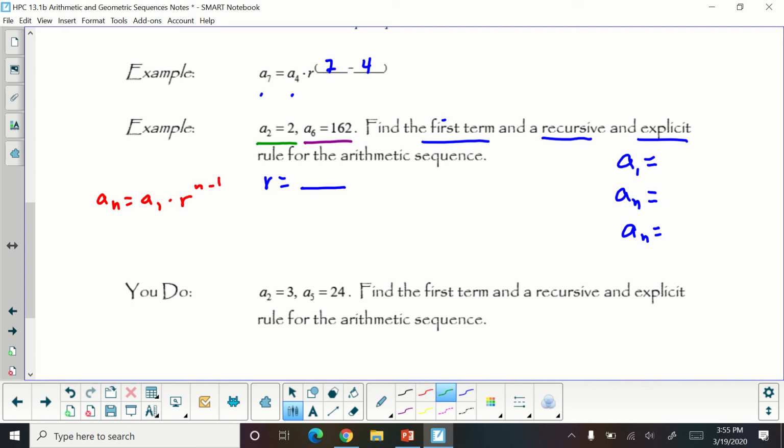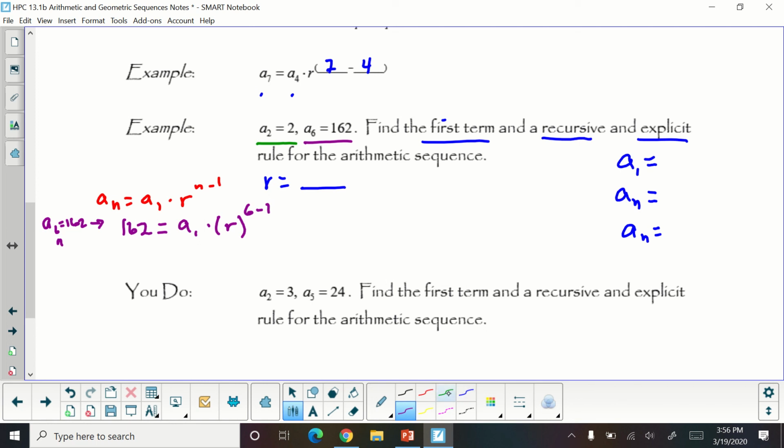So if we're going to work with the 6th term, the further along term first, and we know that a sub 6 equals 162, then 162, that's my term value, is equal to my unknown a sub 1 times my unknown r raised to the n, and in this case n is 6, so raised to the 6 minus 1.